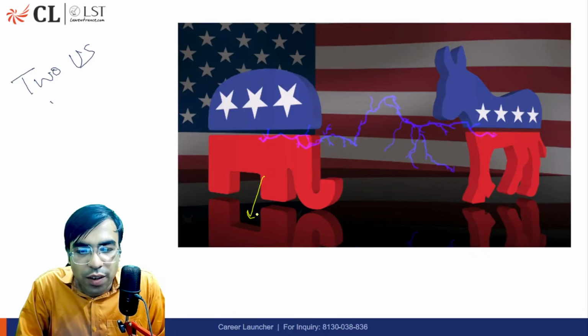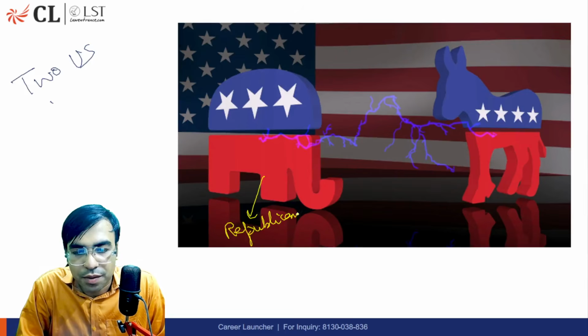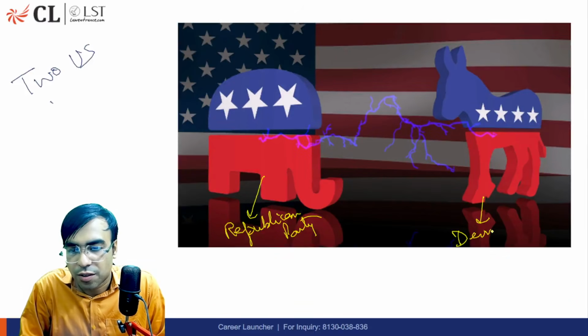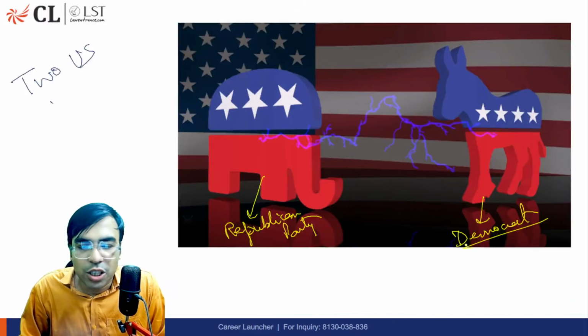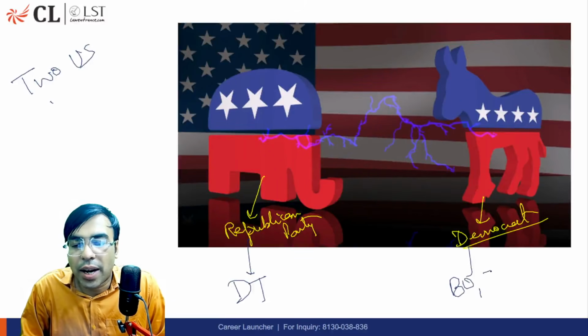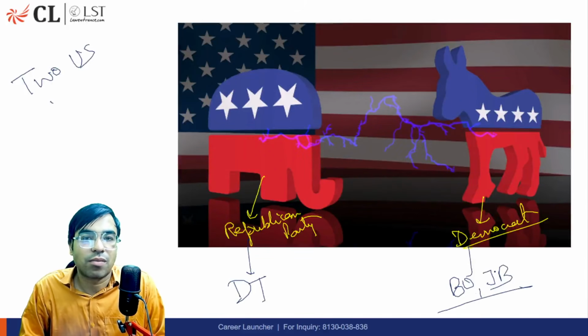This is the logo of the Republican Party, an elephant. And this is the logo of the Democrats, a donkey. Mr. Donald Trump belongs to the Republicans, whereas Barack Obama and Joe Biden belong to the Democrats.